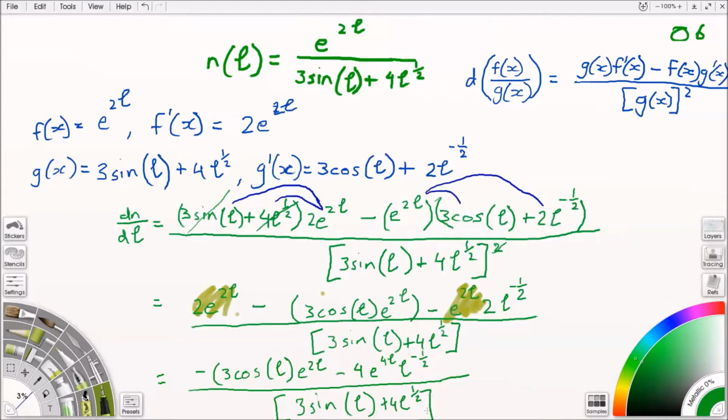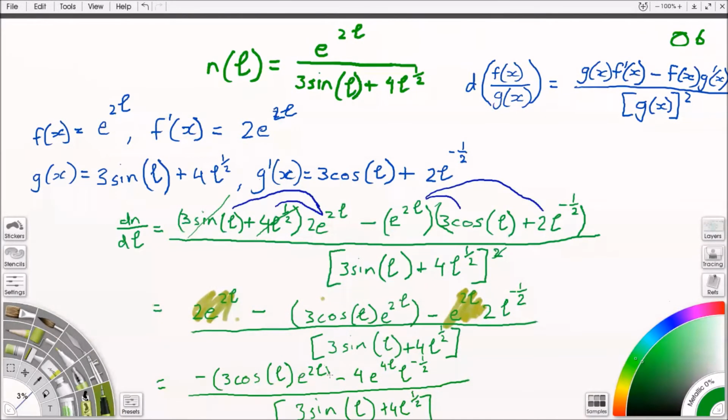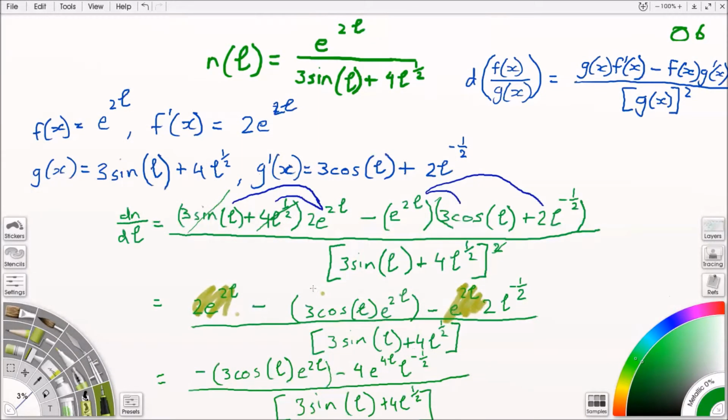This will be interesting. Okay. Why do I have a bracket here? Let's just move the screen back up.